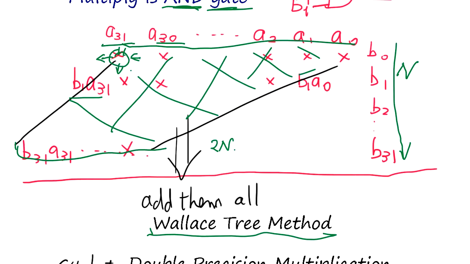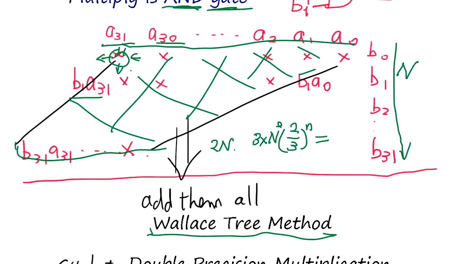So n stages are necessary. With n stages, the total number of inputs is going to be 3 times n squared.